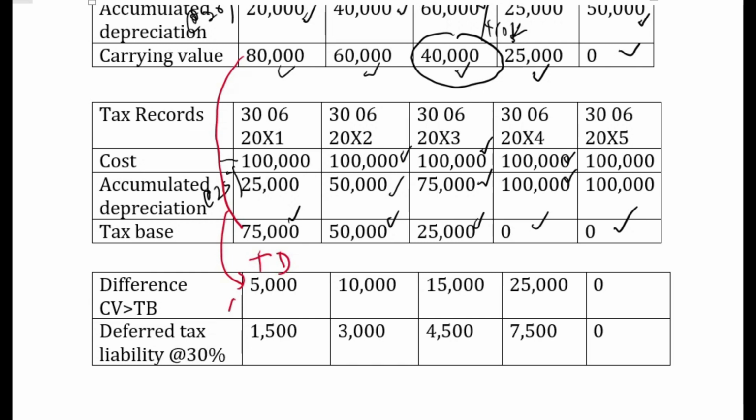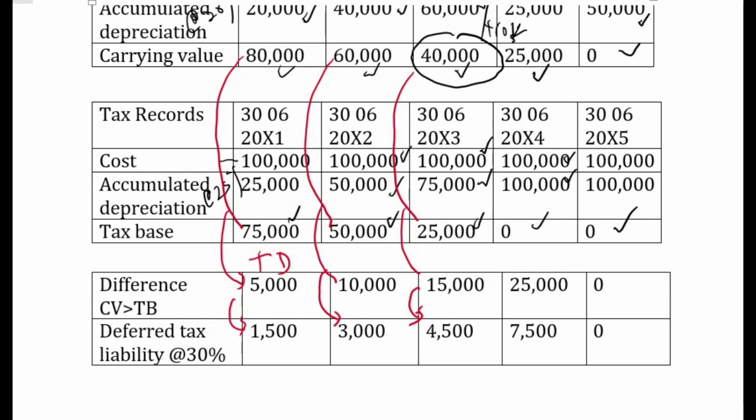Applying the tax rate, the deferred tax liability balance becomes $1,500. Second year, the carrying value is higher by $10,000. That's a taxable difference. Deferred tax liability balance becomes $3,000. Third year, the taxable difference becomes 15,000 and the deferred tax liability becomes 4,500.